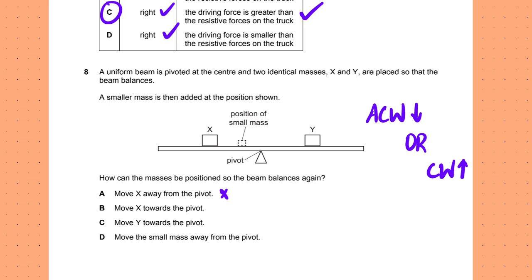So moving x towards the pivot, this obviously must be correct because moving x closer to the pivot reduces the distance from the pivot, which makes the anti-clockwise moment go down. Moving y towards the pivot means the clockwise moment goes down because the distance goes down, so this is wrong. And moving the small mass away from the pivot again increases the anti-clockwise moment, which is not what we want here, right? So the answer to this one is B.